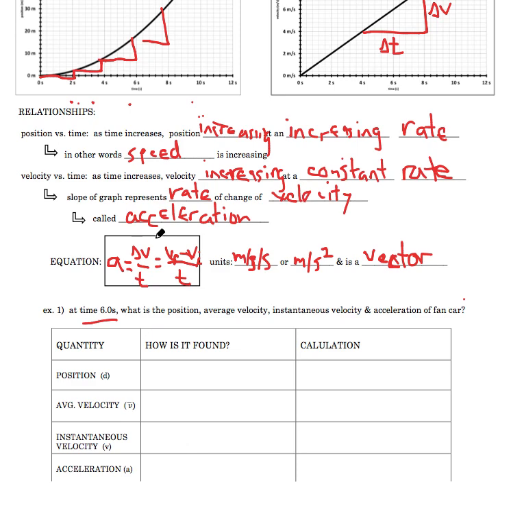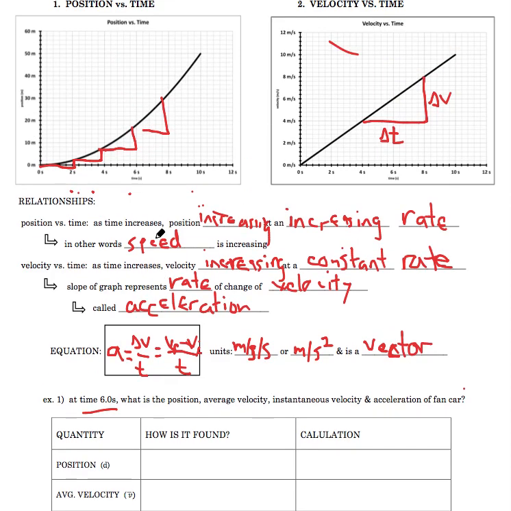Okay, so how are we going to find where it is? Well, that's pretty straightforward. We're just going to read literally, we're not going to do any analysis, the position time graph.